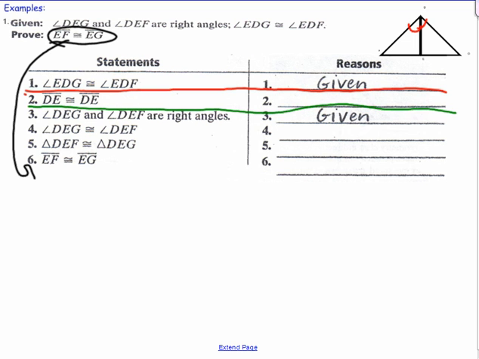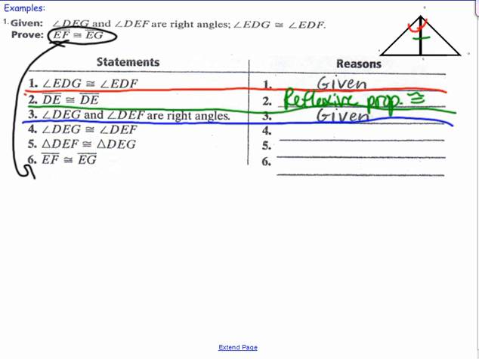Now I'm going to move on to green. DE is congruent to DE. That's not in my given, but notice that they're talking about that shared side. This is the reflexive property of congruence, so there's a congruent part. Now I'm going to move on to blue. Angles DEG and DEF are right angles.